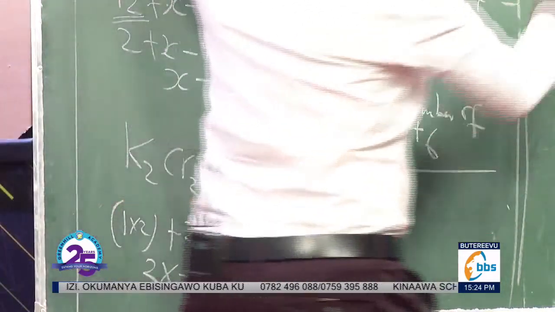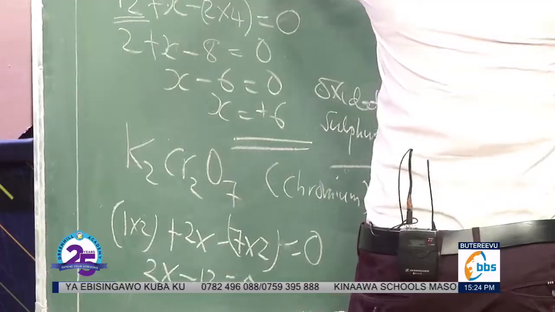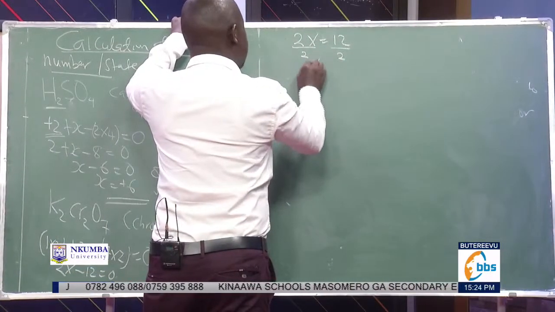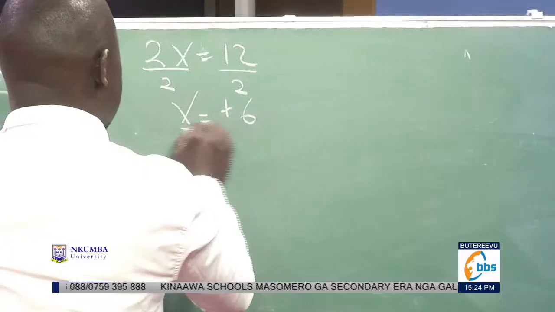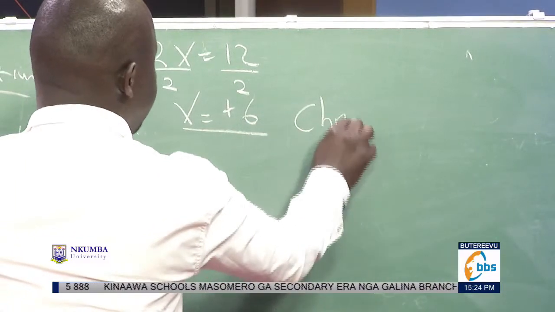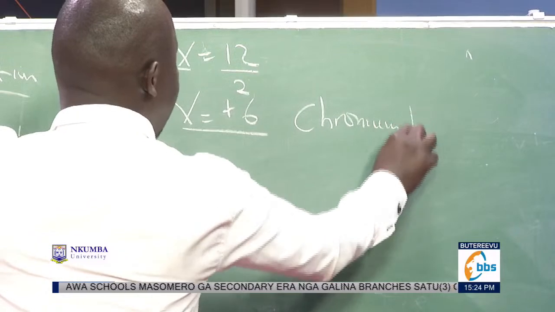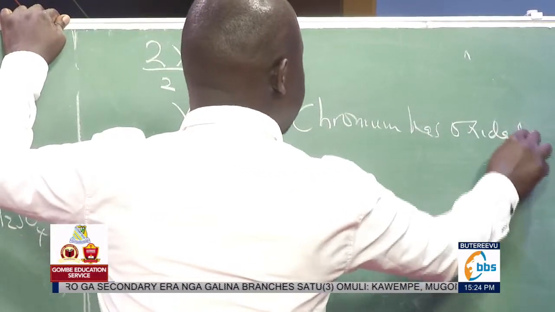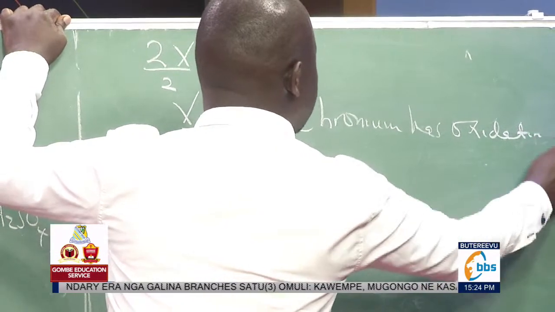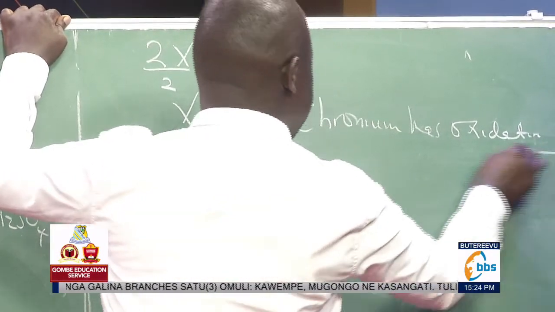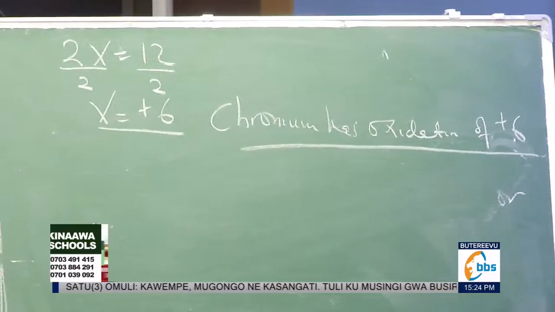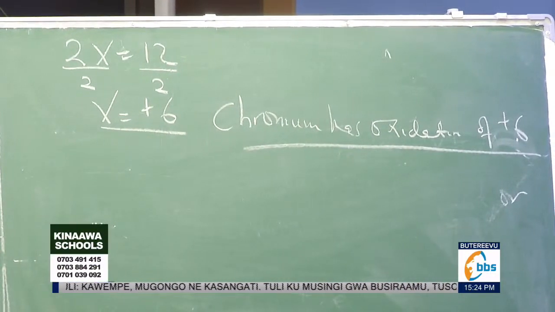That means that 2x equals 12. We divide by 2, we divide by 2. So x equals positive 6. So chromium has an oxidation state of positive 6. You don't forget the sign.